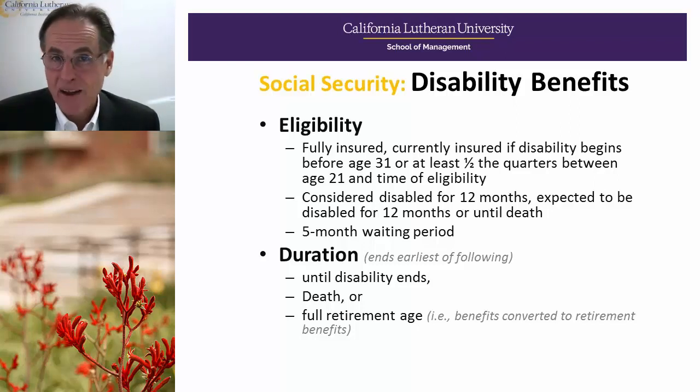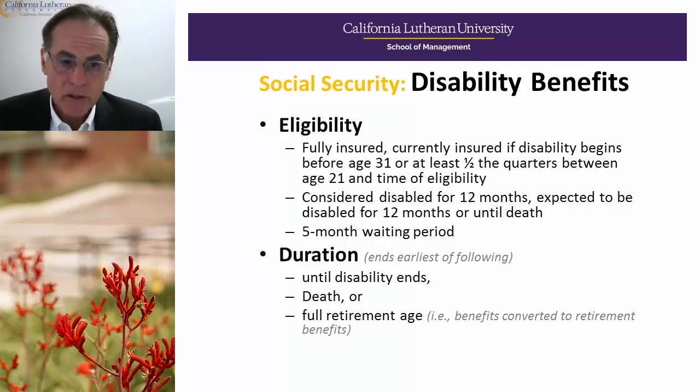Notice also there's a 5-month waiting period. Getting disability benefits is not easy. And many times, if you're helping your client, you're going to have to go back and reapply for these several times in a row. Typically, persistence pays off, because that's a tough hurdle. Considered to be disabled for at least 12 months, or it's going to lead to death, right?